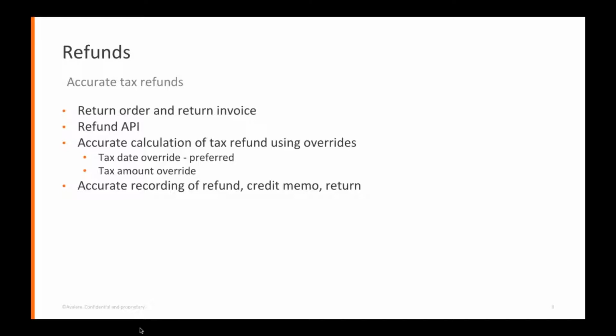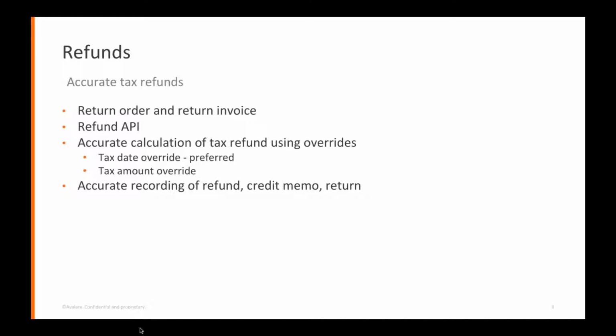There is also the ability to do a tax amount override. Tax amount override is for a scenario where you're going to indicate the amount of tax you're refunding and not have AvaTax calculate it. It's not our preferred method, but there are certain scenarios where it may be required, or you may just wish to do it that way.